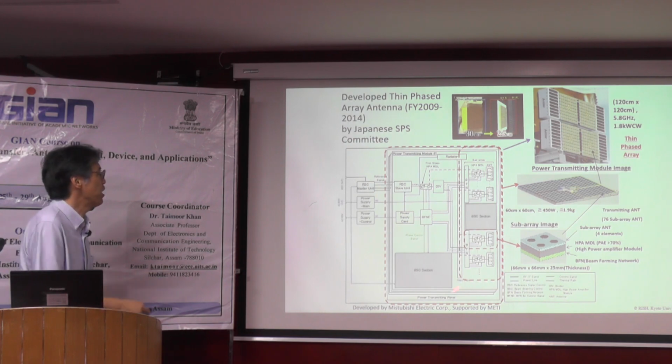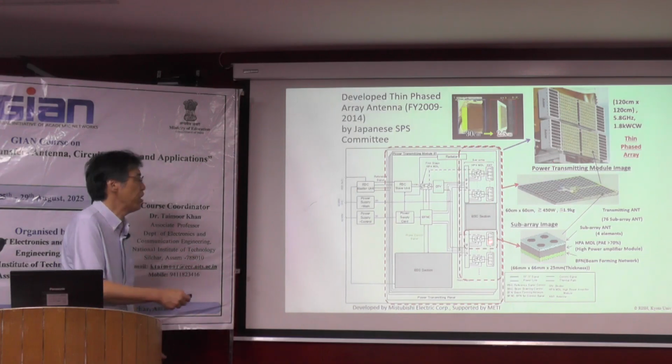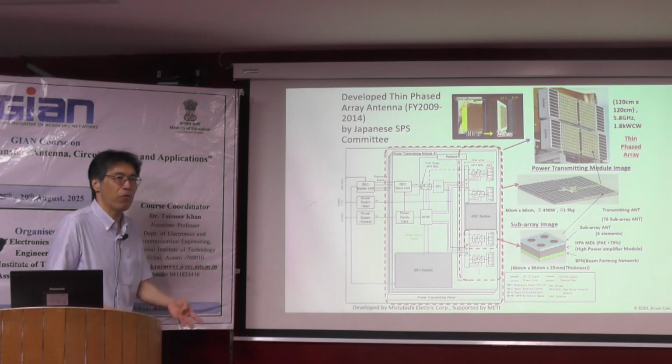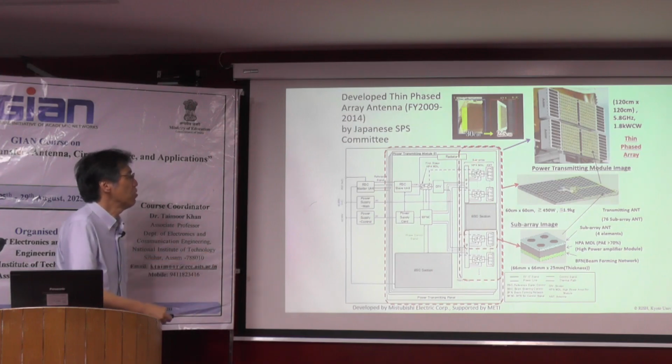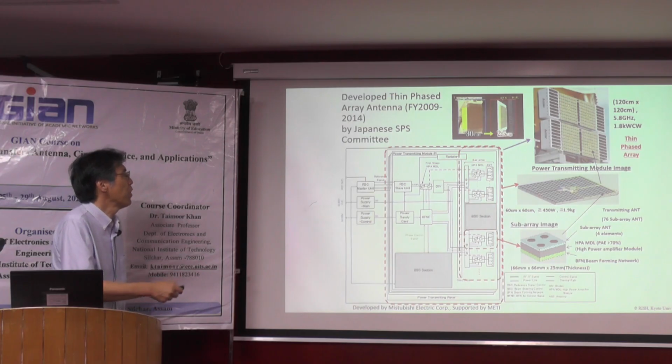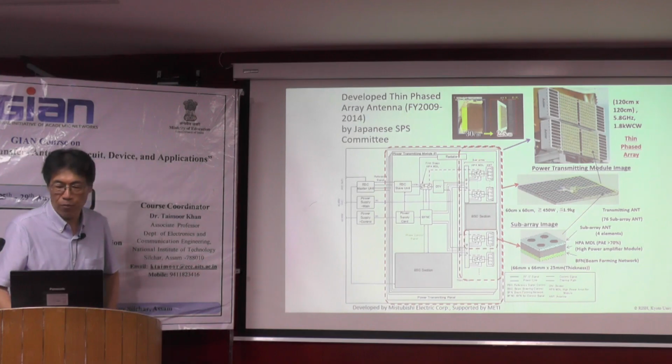This is a very complex circuit inside the phased array, but within only 2 centimeters, we install the amplifier, beam forming network, phase shifter, antenna, etc. So this is one reaching point of the phased array for WPT in Japan.